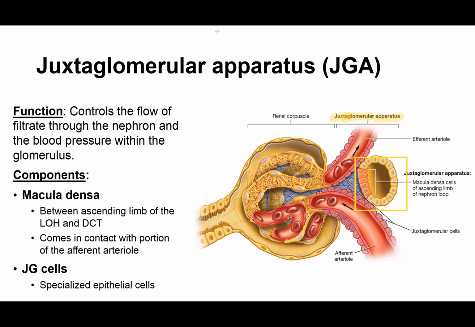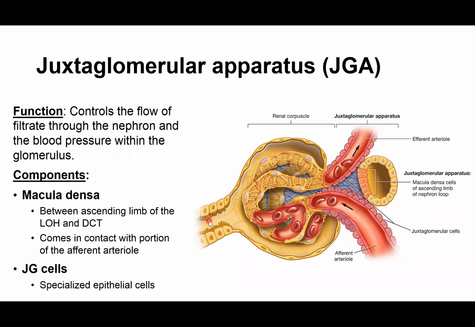It has some cells, as we can see, some cells over here, some cells here, and some cells lining these blood vessels. These cells can help us control the flow rate of the filtrate that's going through the nephron.